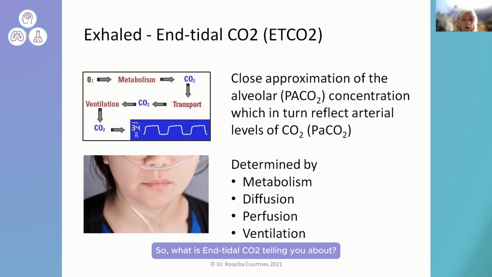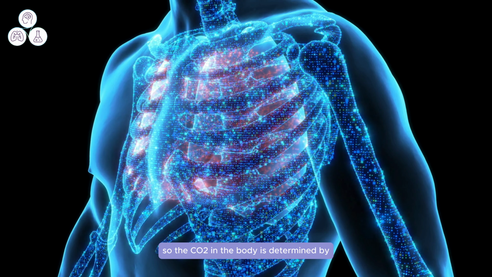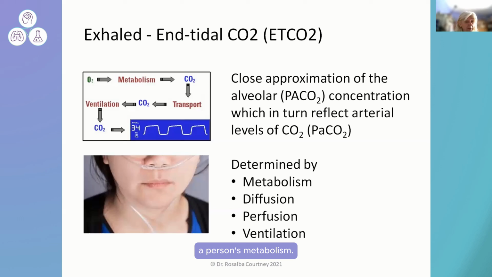So what is end-tidal CO2 telling you about? It's telling you about CO2 in the body. So the CO2 in the body is determined by a person's metabolism. The CO2 in the exhaled air and the amount that's being removed from the body is determined by the rate of diffusion.